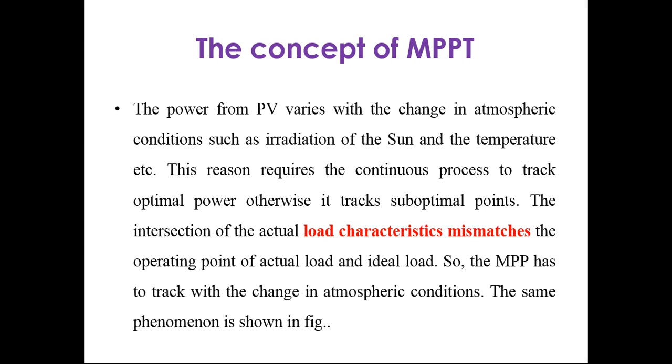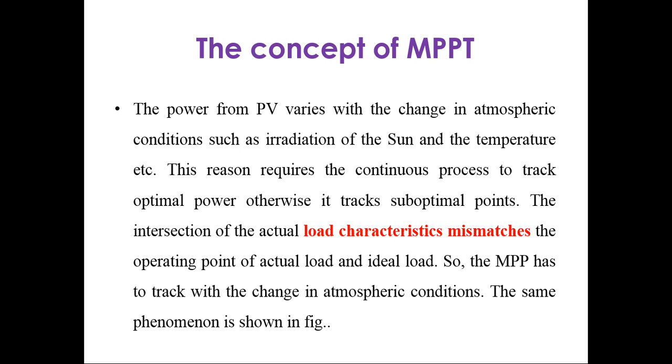In this case the power from the PV module will vary with the irradiation of the sun, the temperature, and other climatic conditions such as moisture and dust in the atmosphere.